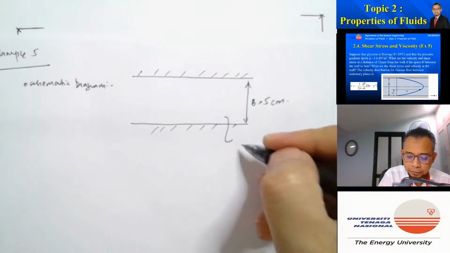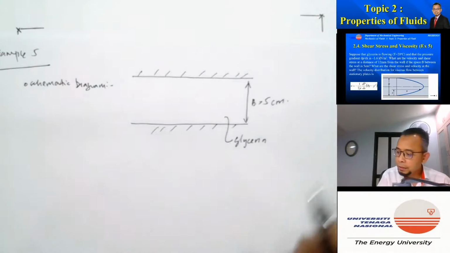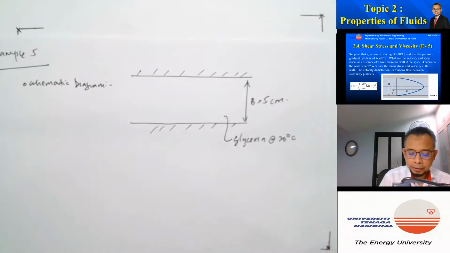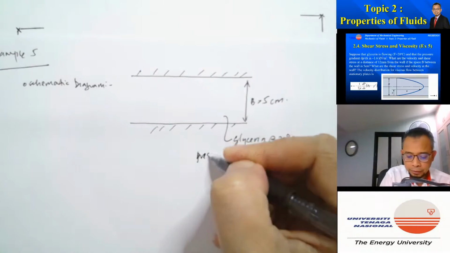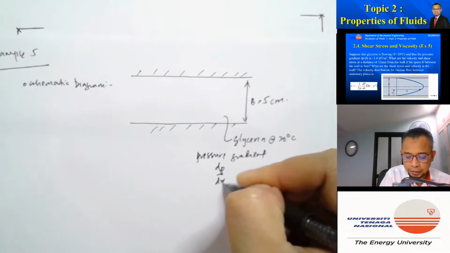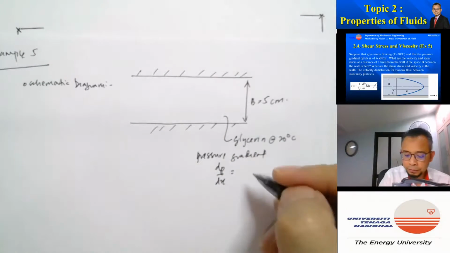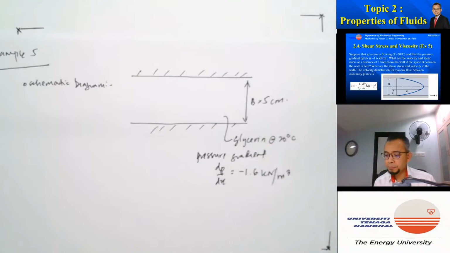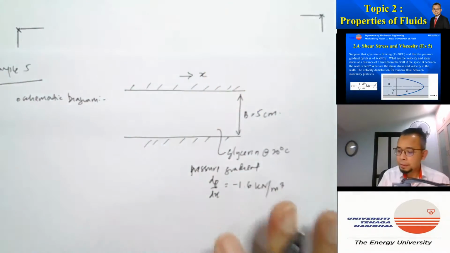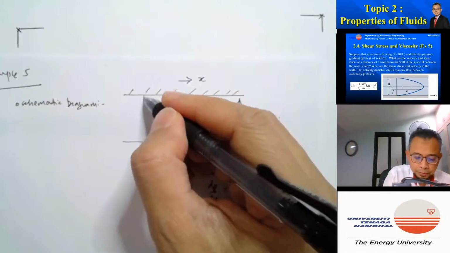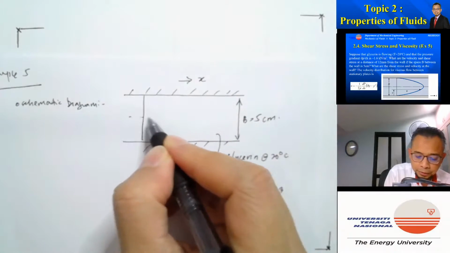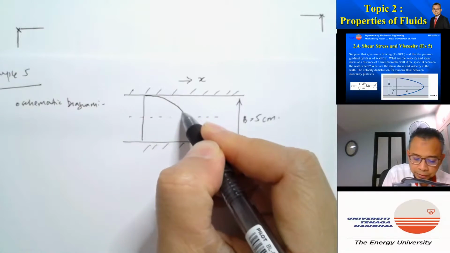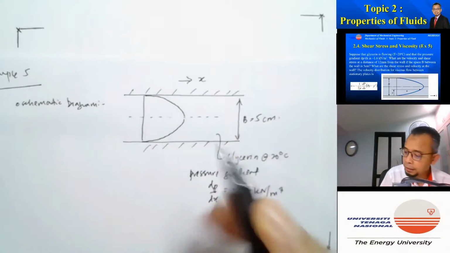Here the fluid is glycerin at 20 degrees C, and the pressure gradient is dp by dx, which is actually a constant, equal to minus 1.6 kilonewton per meter cubed. This is the x direction, this is the middle, and the velocity profile is given like that.